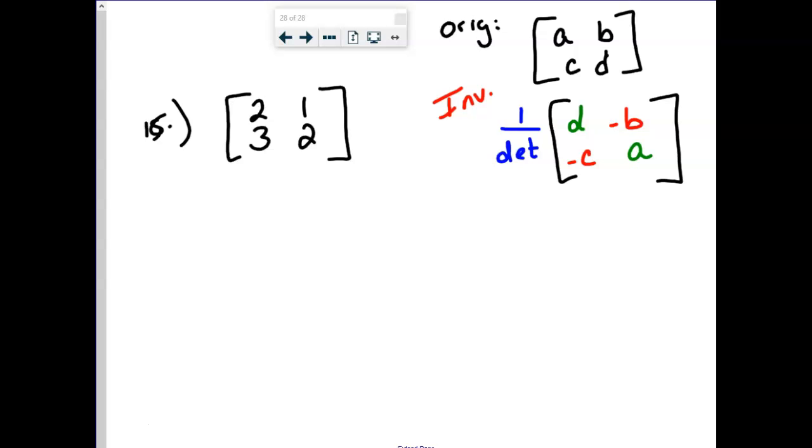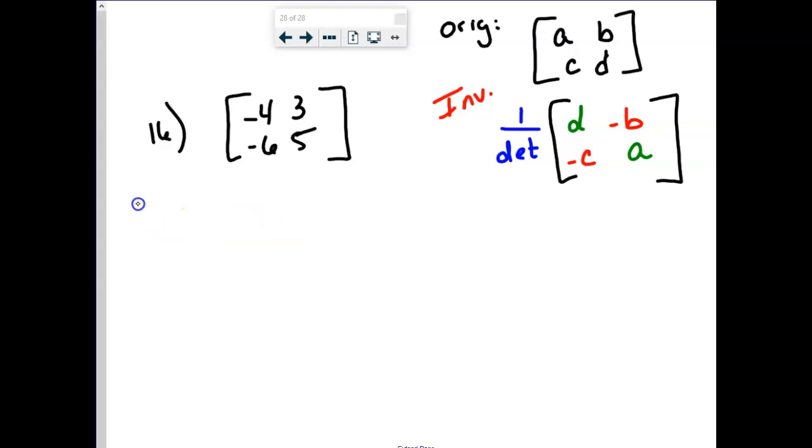Okay. So this question, you know what? Let's use this formula on 16 instead. What's 16 say? 16 is kind of nasty. Okay.